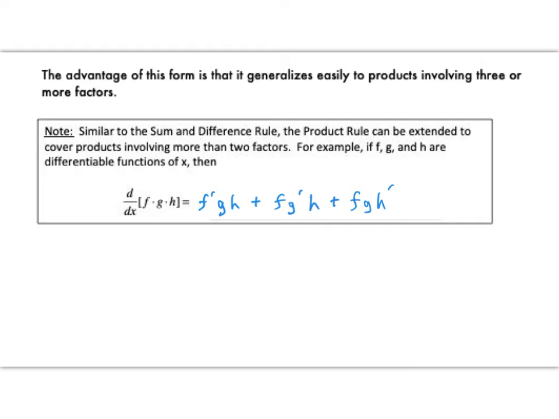And you can see that if you're multiplying several different functions together, or God forbid you've got a situation where you're raising something to a big power, this is going to get pretty hairy in a hurry. So in order to handle this, we're going to try to keep these simple applications of the product rule, and we might develop some other strategies for other types of functions a little bit later on.